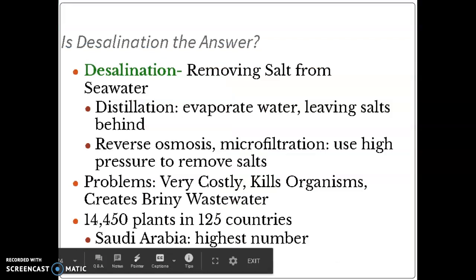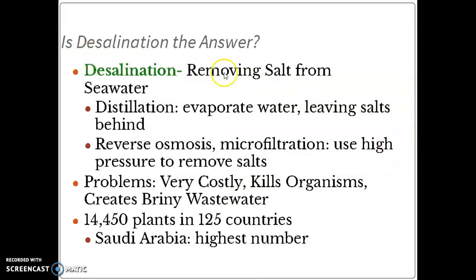So is desalination the answer? So desalination is removing salt from seawater. This is a very expensive process because of how much space it takes up and all the other stuff that goes into it. But basically, when you distill water, you evaporate the water, leaving all your salts and stuff behind.